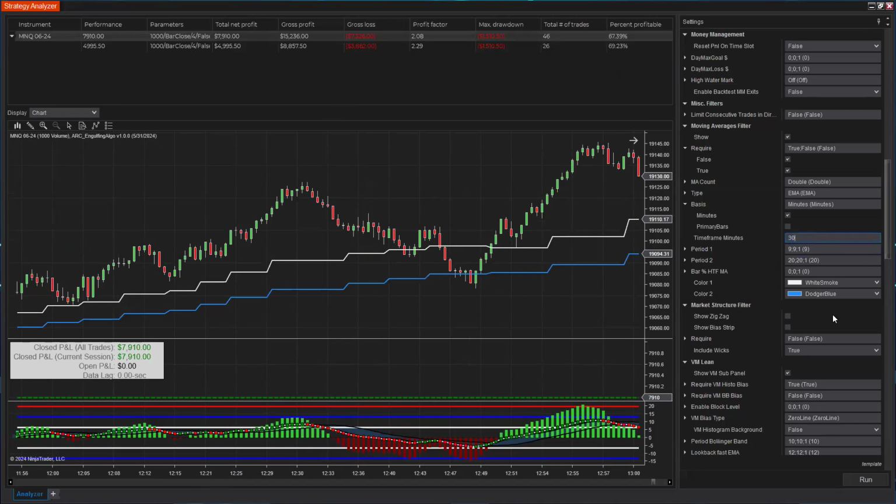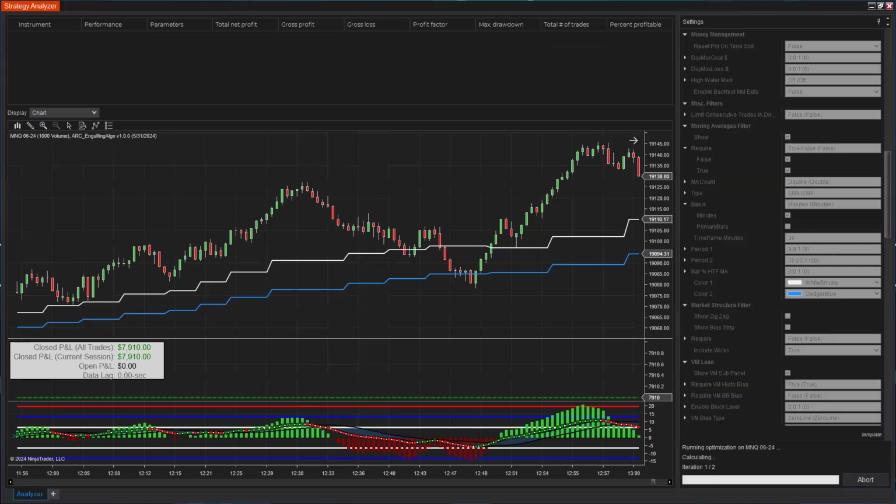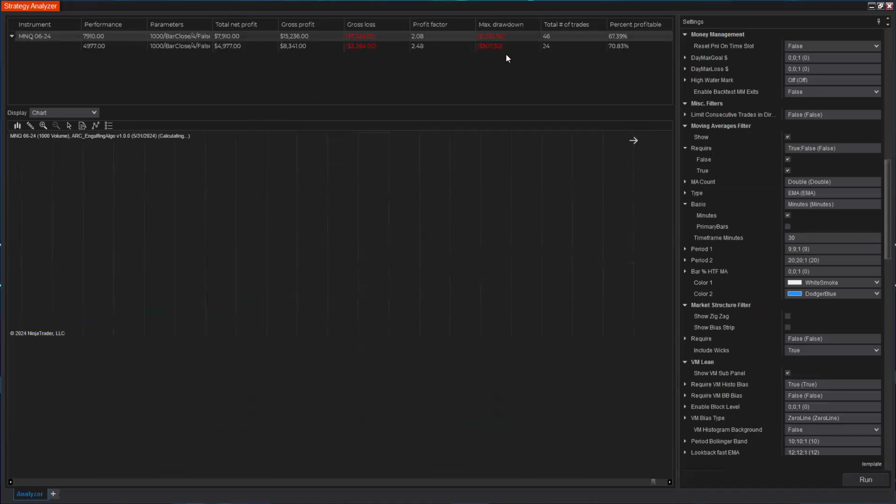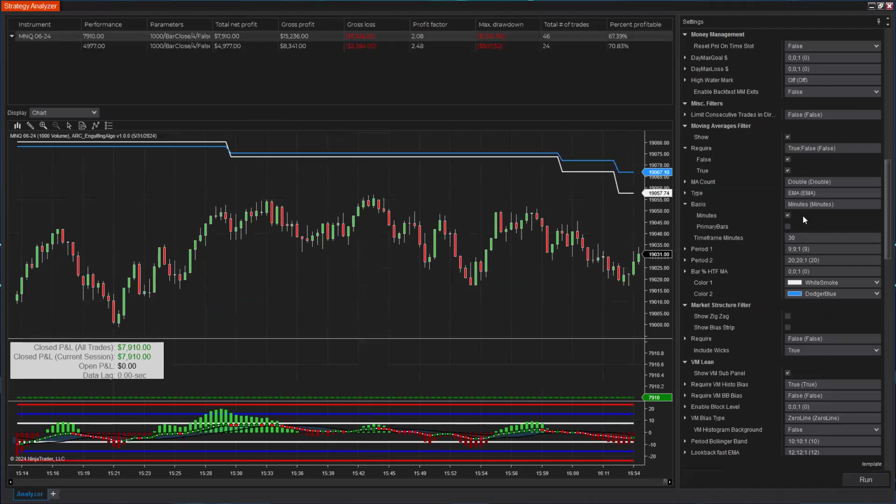We can go nuts and go with a 30-minute just to see what that looks like, but it's almost the same as the 5-minute at this point. So yeah, we'll just keep it as not on. So we'll go false. Primary bars, we'll just go back to primary, even though we're not using it.